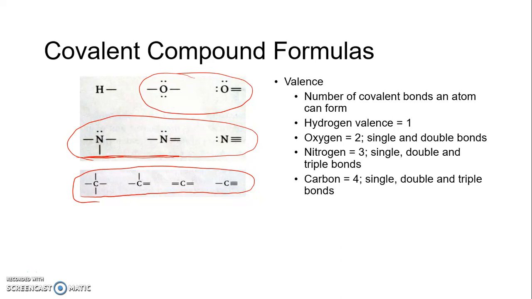Now, just as an example, if you look at the composition of the Earth's atmosphere, you'll see that it is primarily nitrogen. About 78% of the Earth's atmosphere is nitrogen. The reason for this is that we saw that nitrogen can form triple bonds.